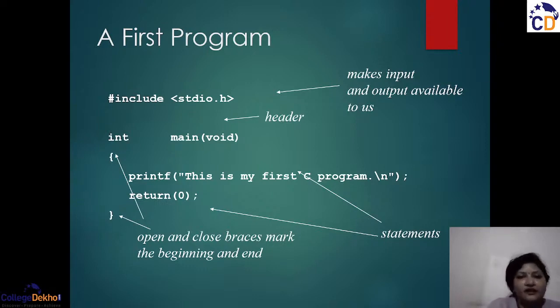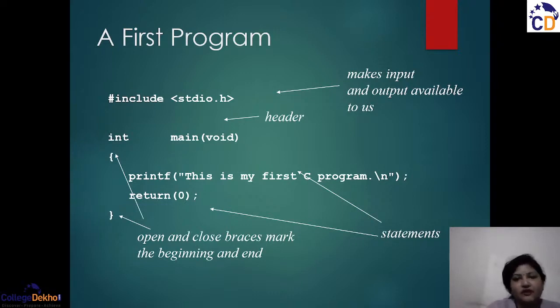Next, the heart of the C program, that is the main function: int main void. You have written one function, and you have given the braces, start brace and end brace. The scope of this function is from the starting brace to the ending brace. What are the statements in it? You have given two statements.